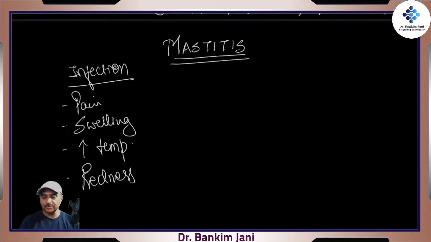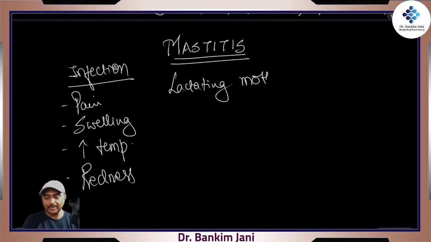Now, mastitis, normally the infection is in cases of lactating mothers. That is very common. Usually it is self-limiting, not much is to be done, and it takes care of itself.